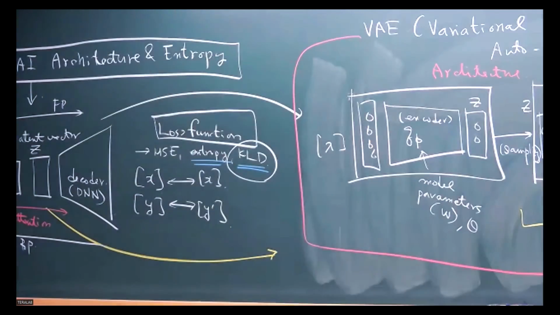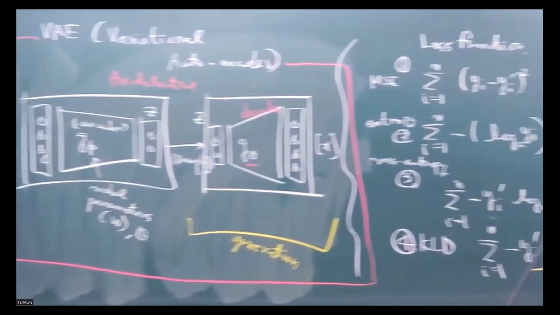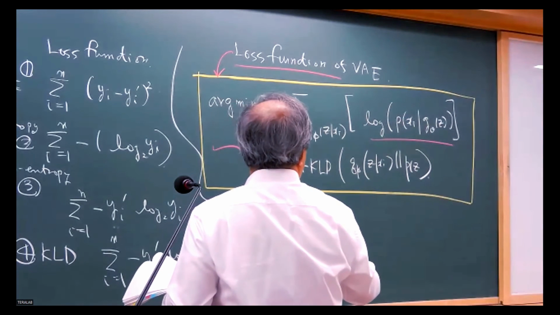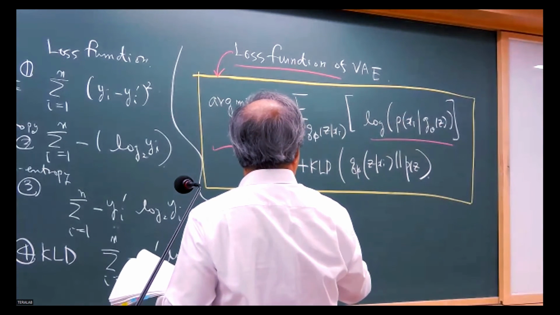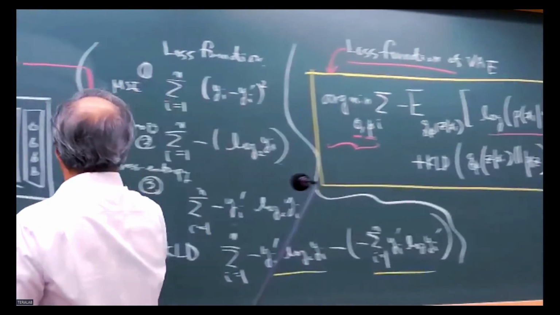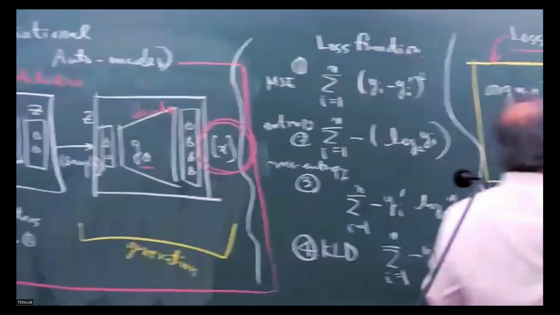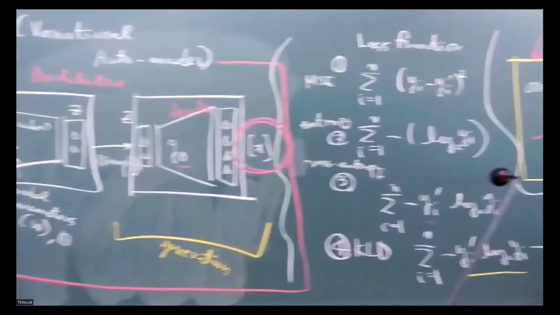Let's talk about the first term. P(x) means probability distribution of output.